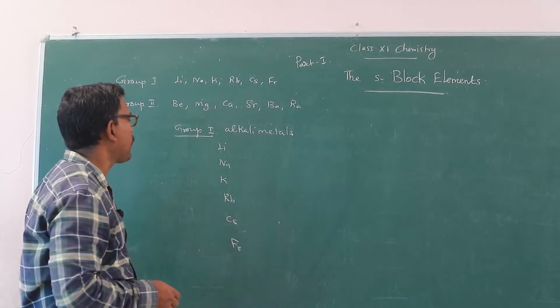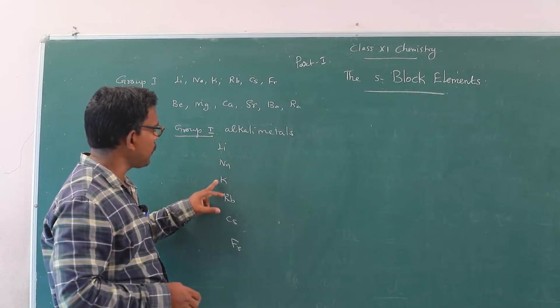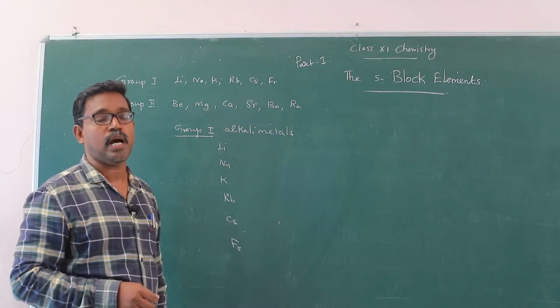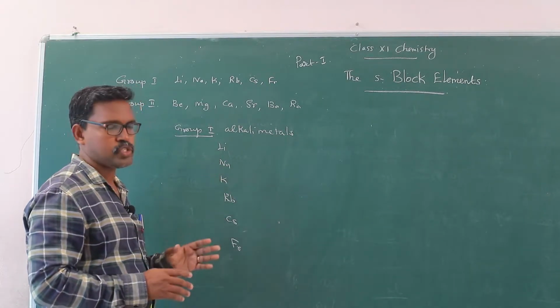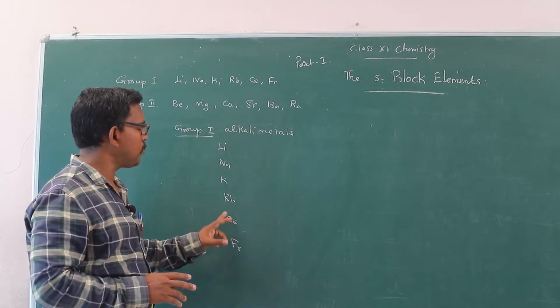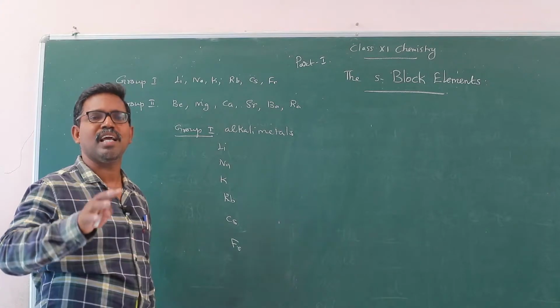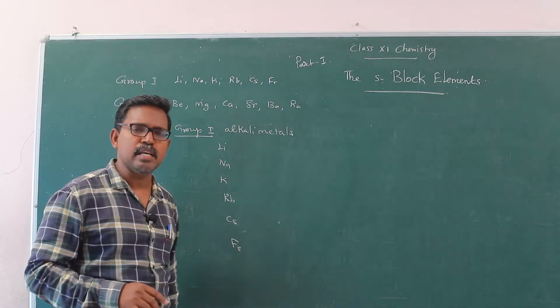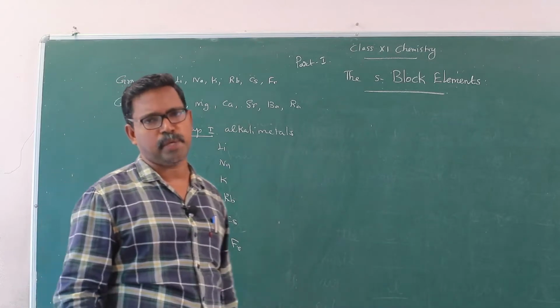Sodium and potassium are relatively abundant in the earth's crust, while lithium, rubidium and cesium are relatively rare. Francium is a radioactive element.